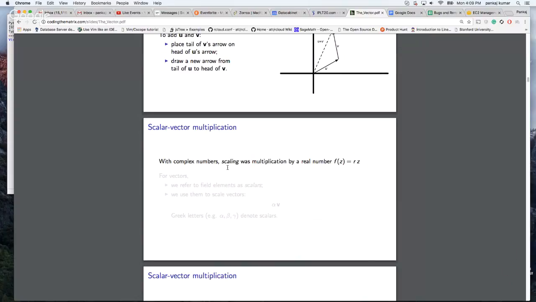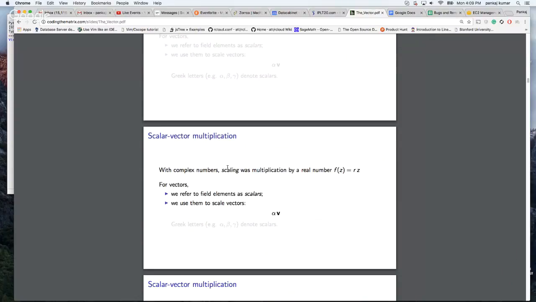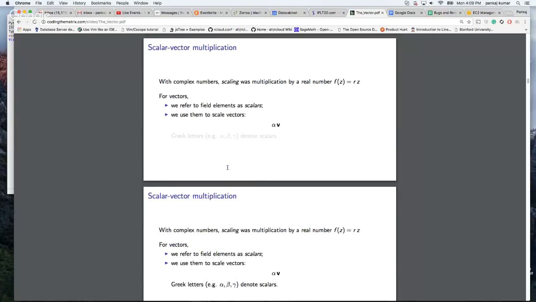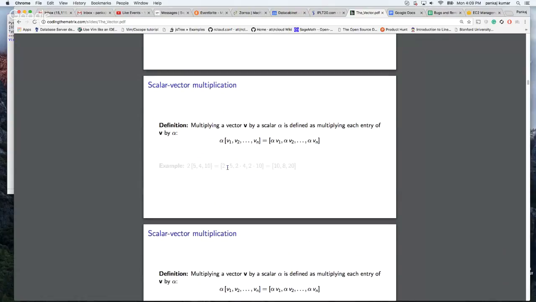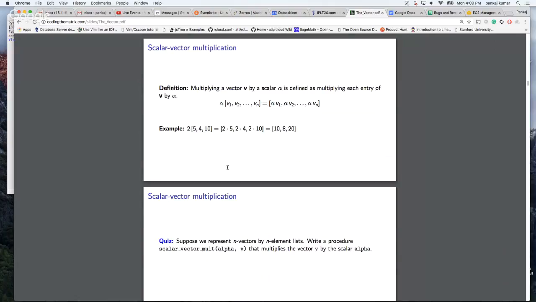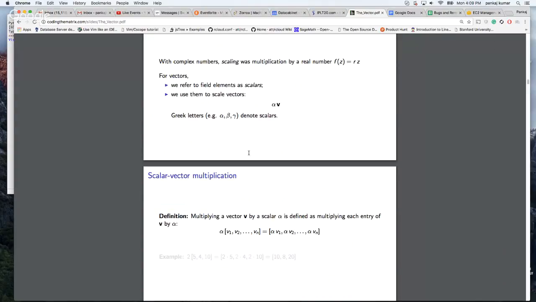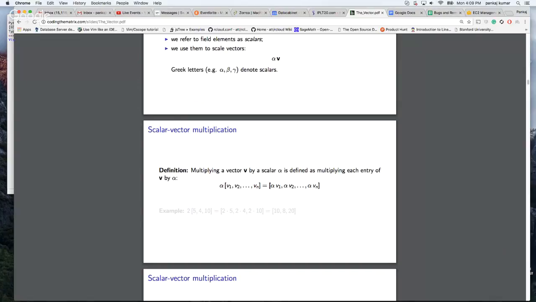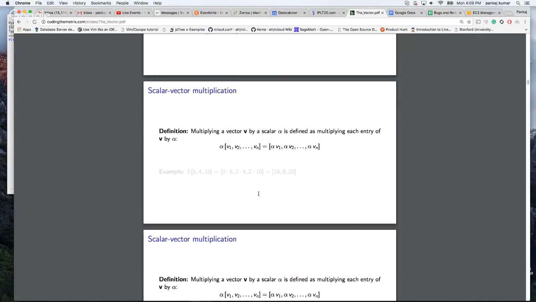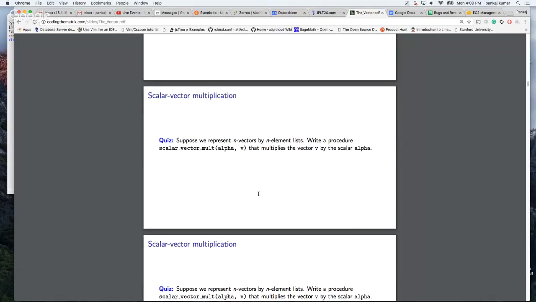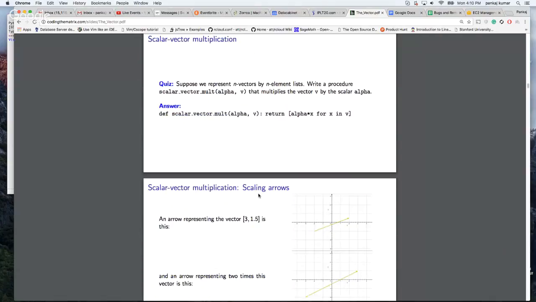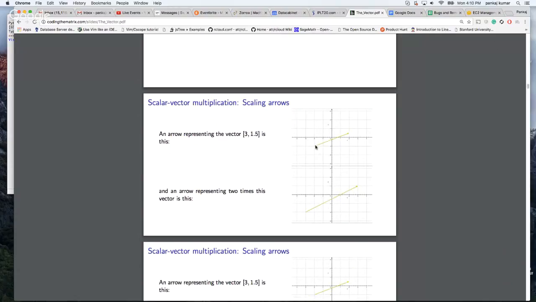Also, scalar-vector multiplication. When you scale a vector with a scalar, all that happens is you go from alpha, v1, v2, vn to alpha v1, alpha v2, alpha vn, which can be geometrically shown, and this will be on the slides, to be just that the size of the arrow increases by twice.